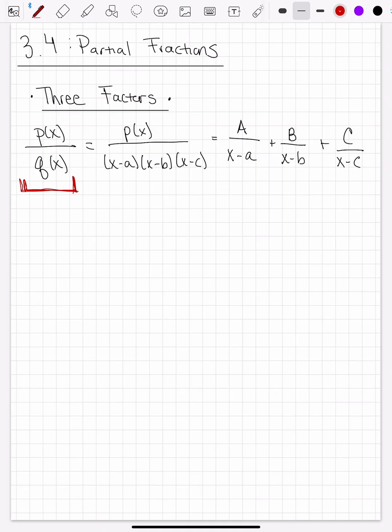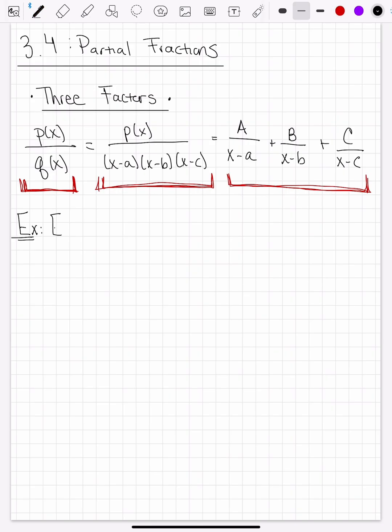And we're going to factor the denominator, but this time the only difference is that we're going to factor it into 3 terms, and then we're going to have to find 3 unknowns, capital A, capital B, and capital C, instead of just 2.